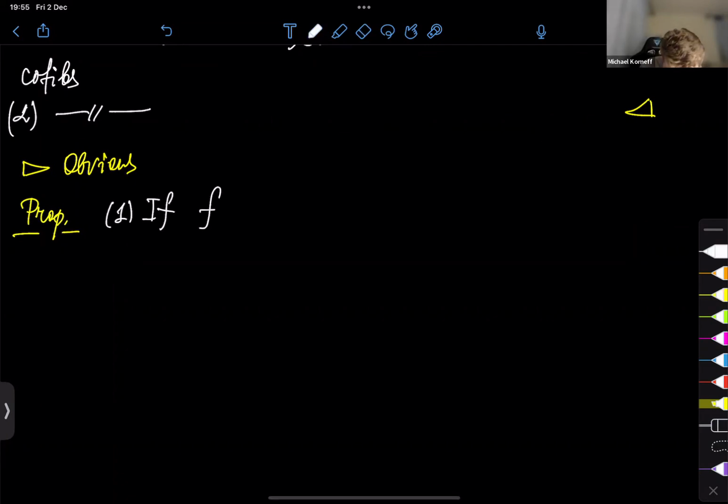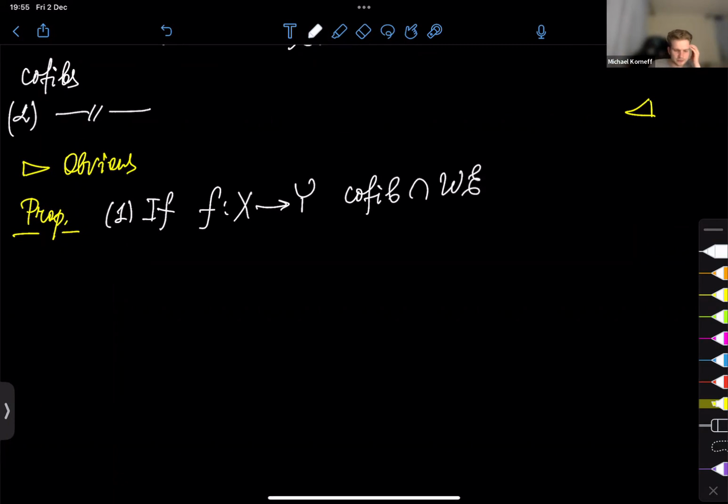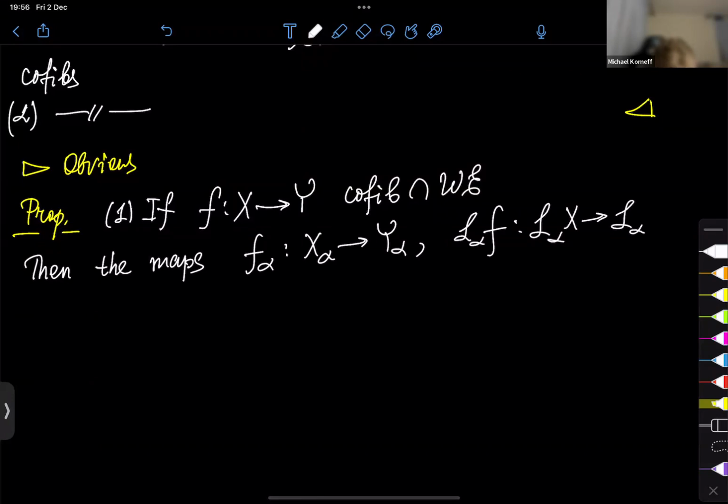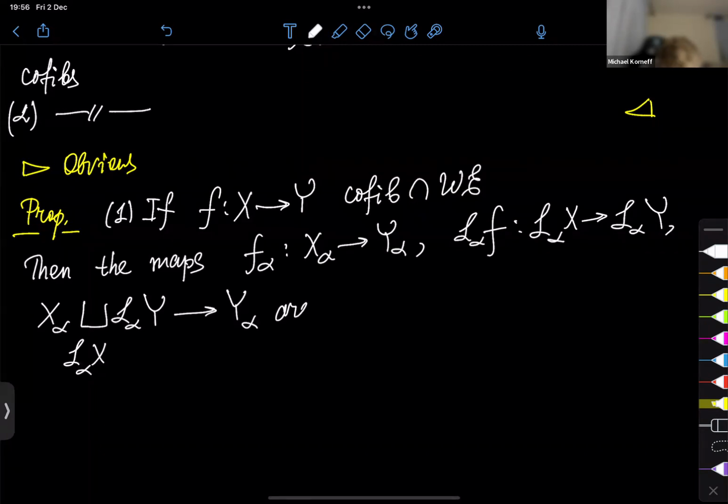If F belongs to the intersection between cofibrations and Reedy weak equivalences, then the maps F alpha and the map between latching objects and also the relative latching map are trivial fibrations.